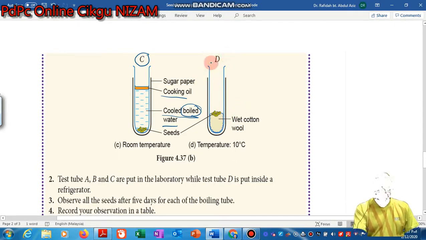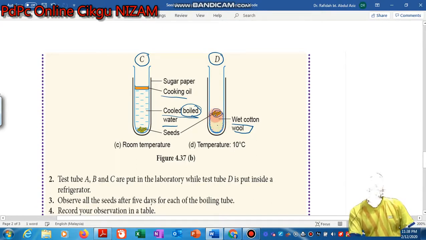Okay, in boiling tube D we put wet cotton wool. Yeah? So this is wet cotton wool, and then we put a seed on the surface of this wet cotton wool.